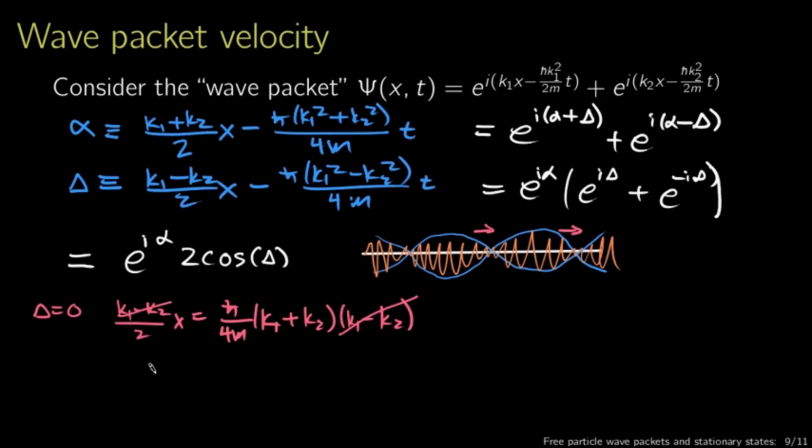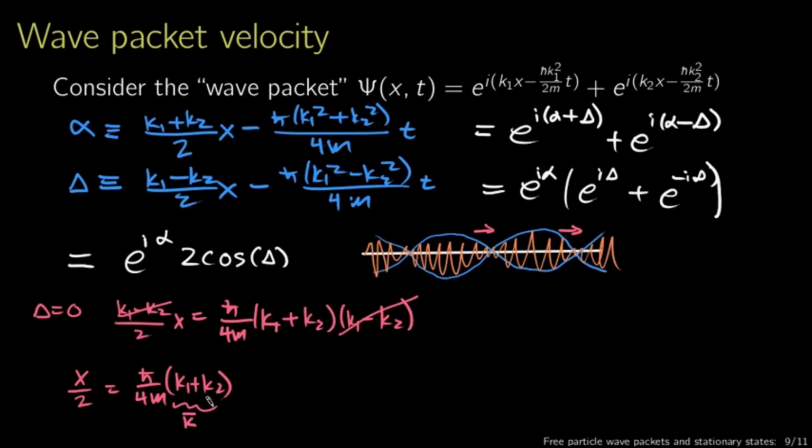and what I'm left with is just x over 2 equals h bar over 4m times (k1 plus k2). If I assume that k1 is about equal to k2, I can pretend that this is some effective average k bar.